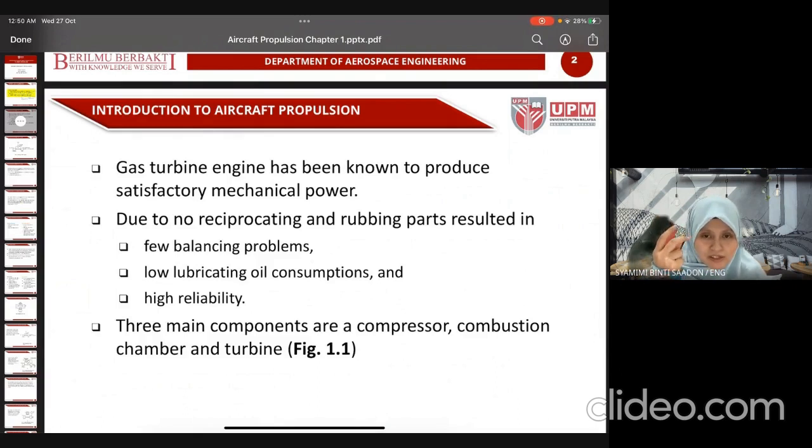The first is the aircraft engine, and the other is the power plant in industry, because the gas turbine engine can produce enough mechanical power for both power plants and aircraft engines.